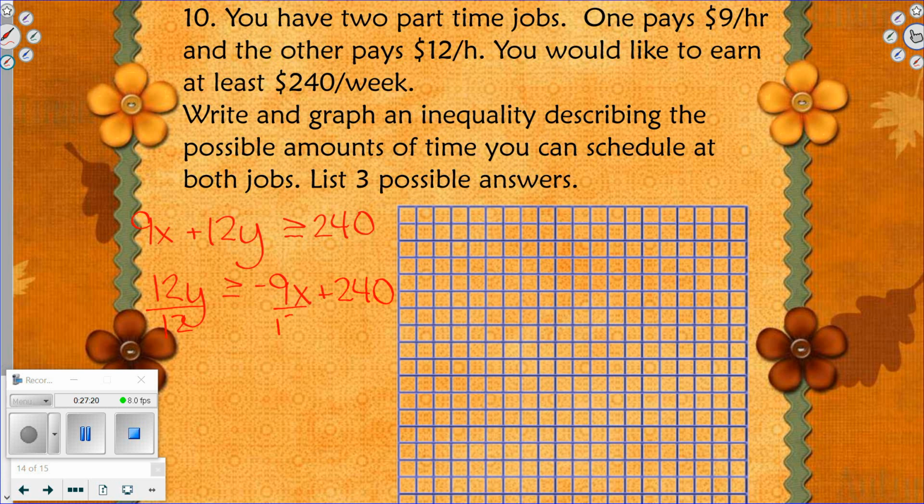Divide by 12. So y is greater than or equal to negative 9/12, which simplifies to what? Good. Negative 3/4 x. And 240 divided by 12. Not 12. It'd be 20.